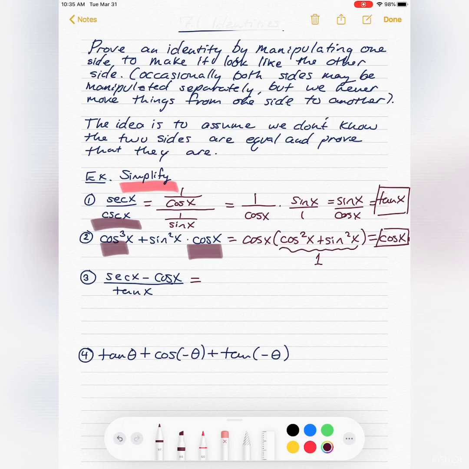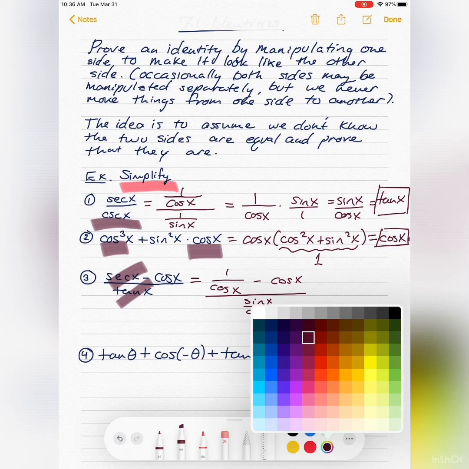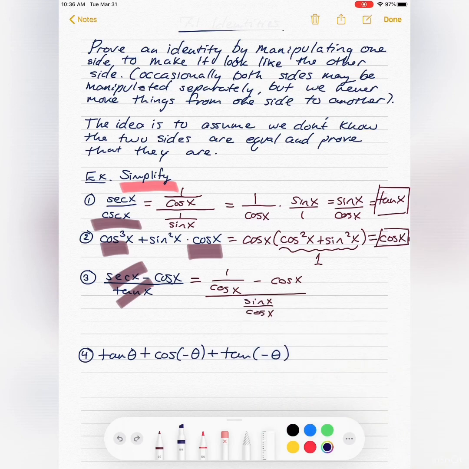Okay, what about number 3? So again, I'm noticing I have 2 trig functions here that I can write in terms of sine and cosine. So let me try that. All right. Now I have a couple options. I could find an LCD here, combine those, then take this guy, flip and multiply.